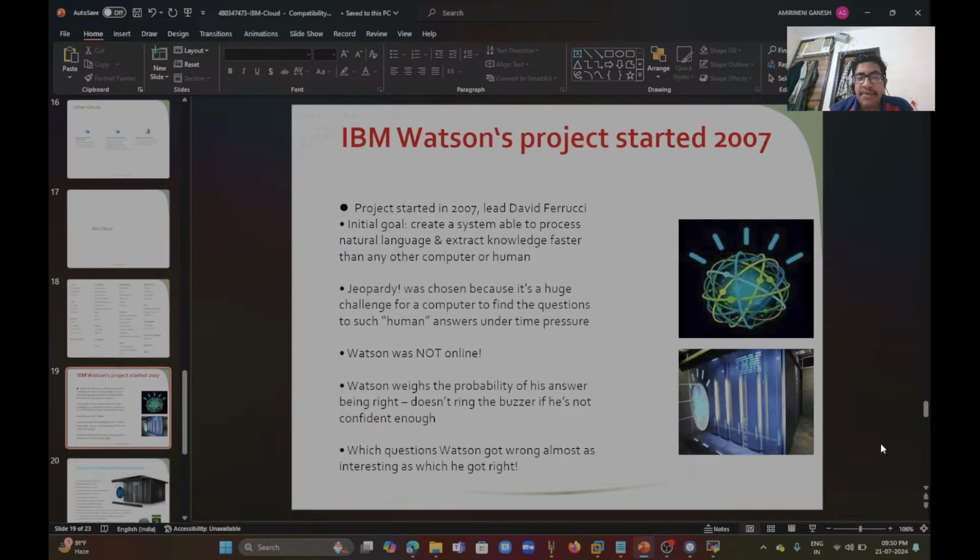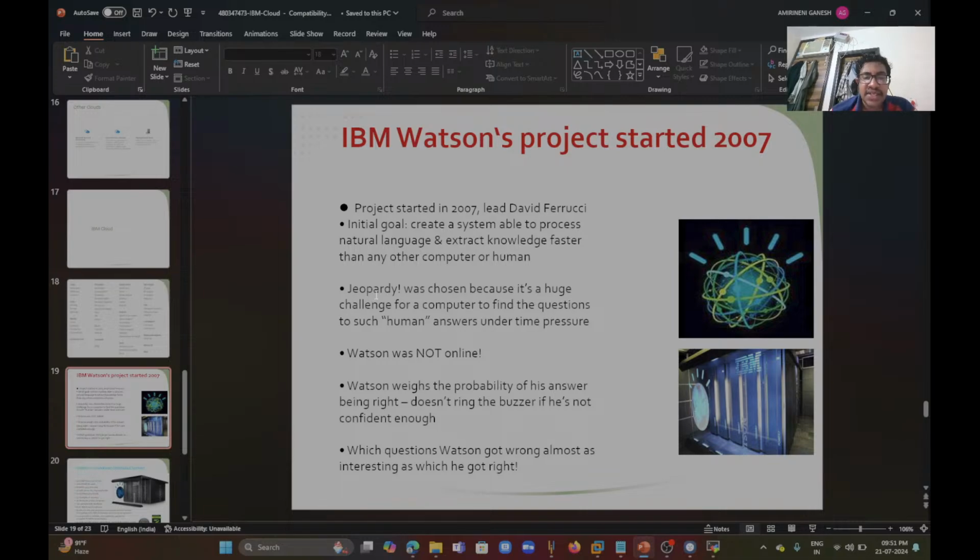IBM Watson project started in 2007, led by David Ferrucci. The initial goal was to create a system able to process natural language and extract knowledge faster than any other computer or human.